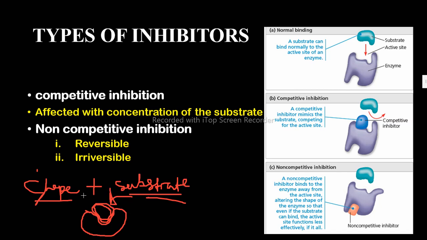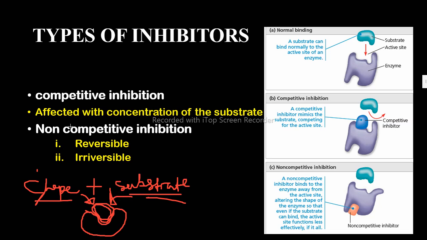And if the inhibitor remains on the active site of the enzyme, then there is no way how this active site is going to bind with a substrate molecule to form products. Hence, the number of product molecules that are formed per minute is going to decrease. Hence, decreasing the rate of a chemical reaction or of an enzyme controlled reaction.